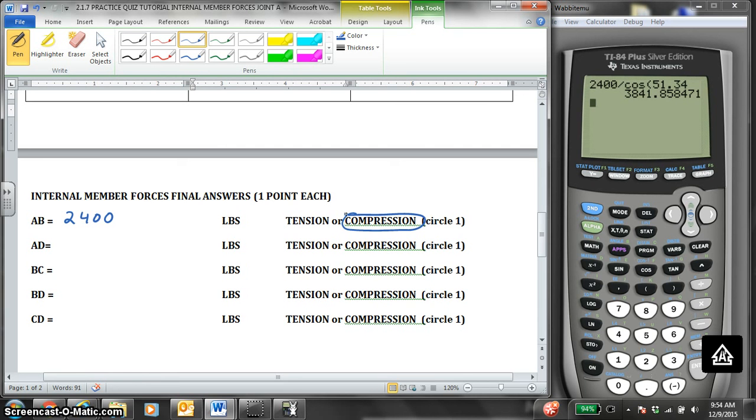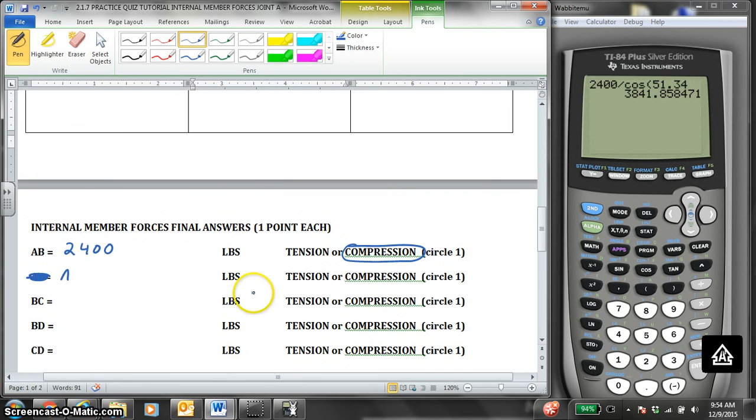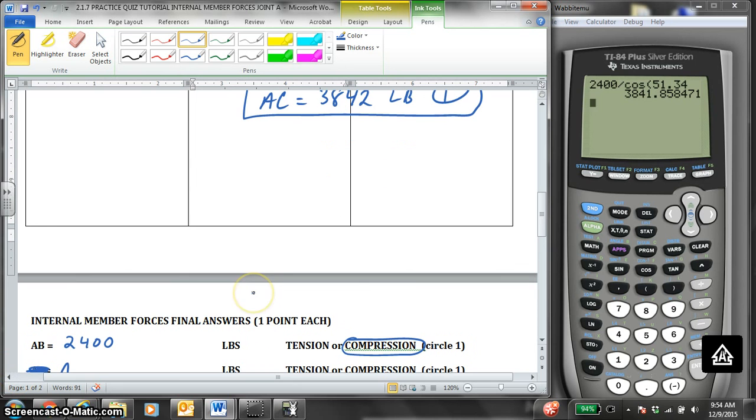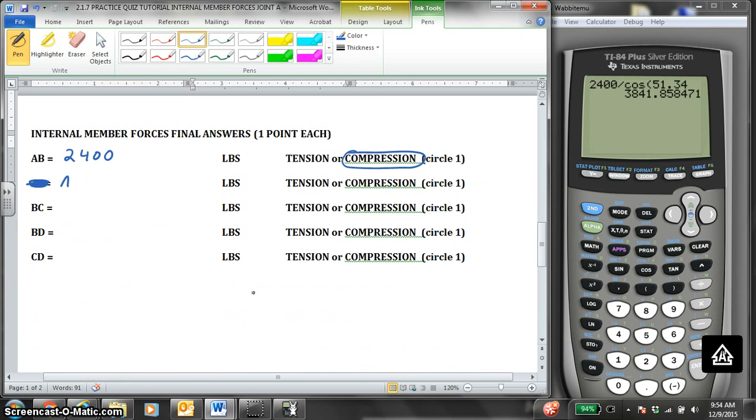There is no AD. That should be AC, I'm sorry. So I'll just scratch this out. AC equals what we just found: 3842.